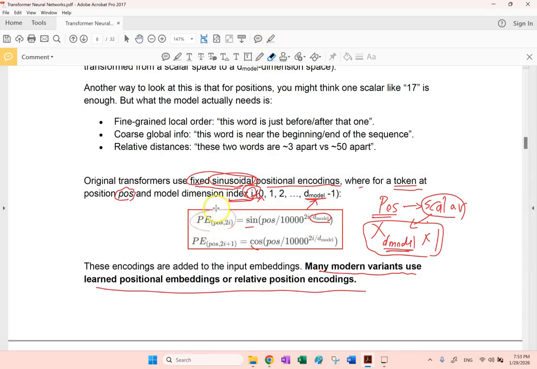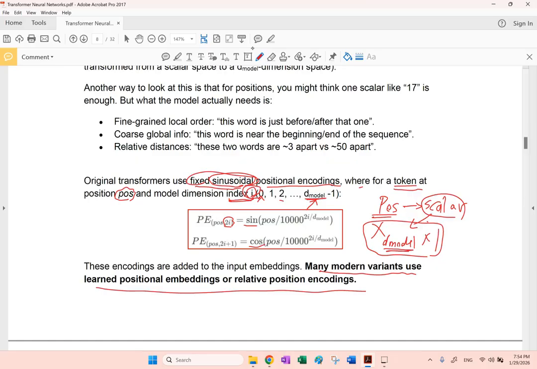The functions they used for positional encoding, as I said, are a combination of sine and cosine. They use two functions to make it happen. The first one is sine, the second one is cosine. The sine is used for the directions in the embedded space that are even directions: index 0, index 2, index 4, all the way up.